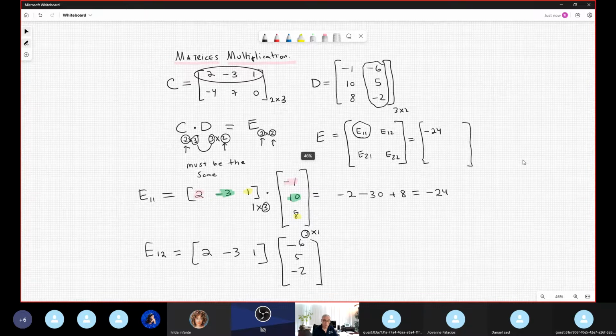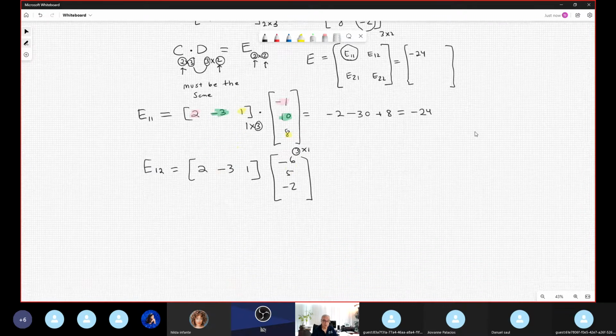I want to explain why. So now the multiplication is 12 minus 15 and -2. Wow, too many negatives. The answer is -29. This guy is E12, -29.